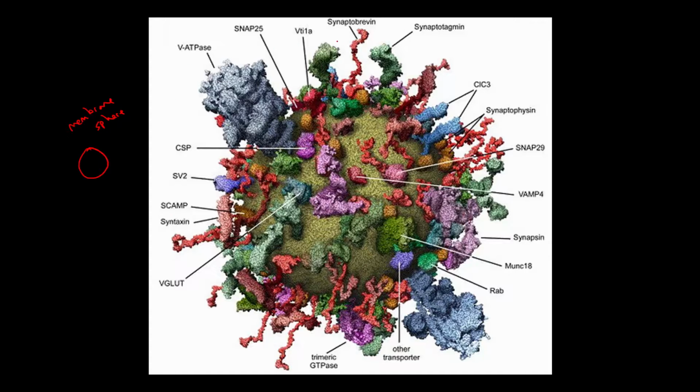If there's mutations in these, then we won't be able to release neurotransmitter normally, and that can lead to all kinds of problems. There's drugs that target these that absolutely disrupt neurotransmitter release. In one of our cases, you're going to learn about SNAP25, so we'll talk about that more later when we get to the neuromuscular junction.